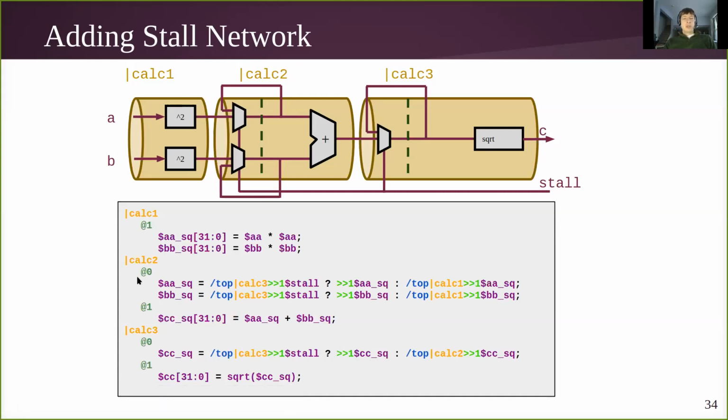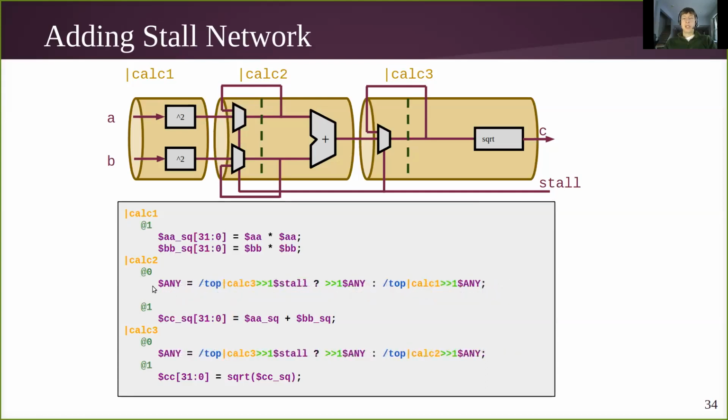I'm going to do a couple transformations on this code. So first of all, these lines here with a squared and b squared that are recirculating a squared and b squared through these recirculation muxes, I'm going to code these more generically as recirculating any values.